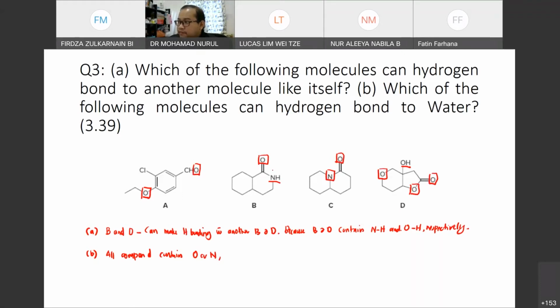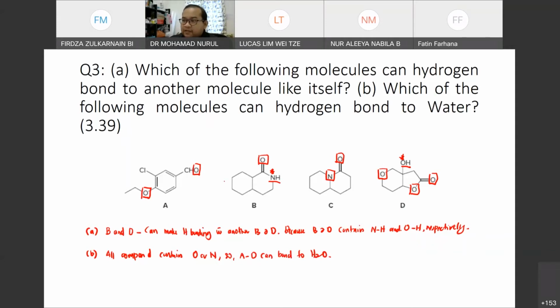So A to D can bond to water. Is it clear?